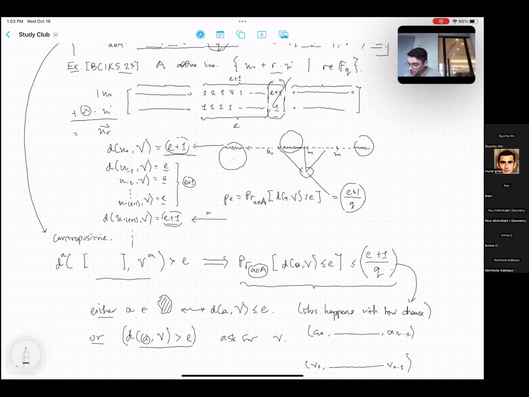And this condition precisely says that, again, we're going to start looking at component by component equality or not, right? So this condition says that the proportion of components where inequality happens is bounded from below.